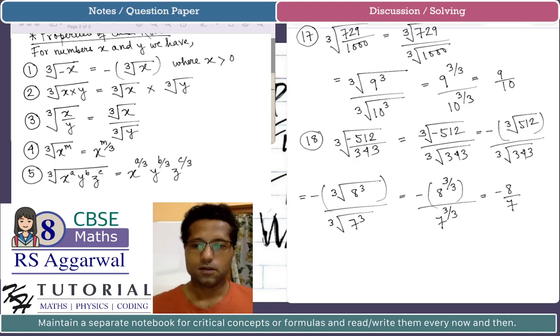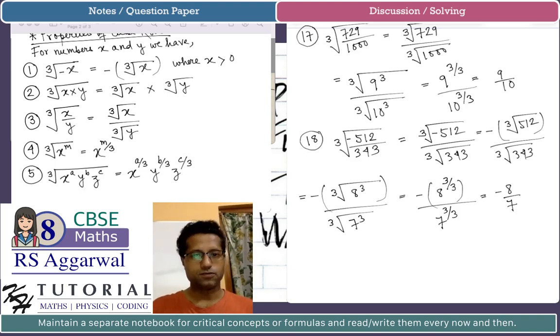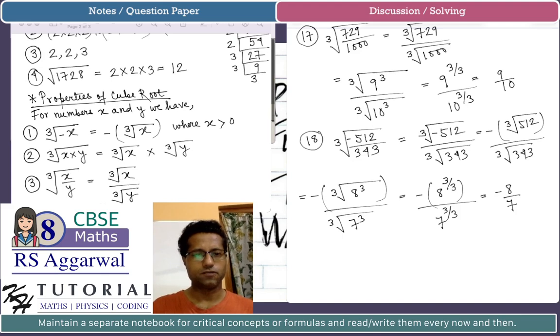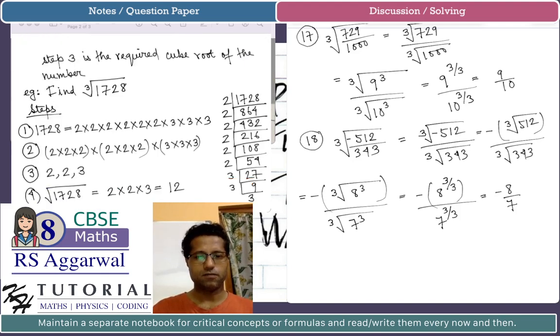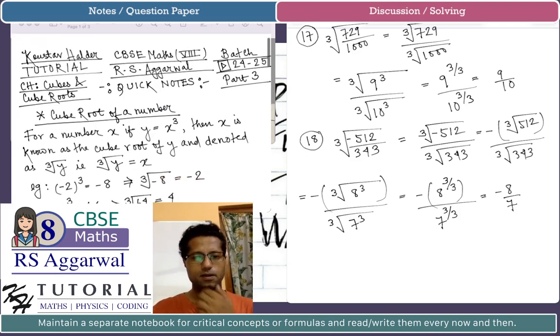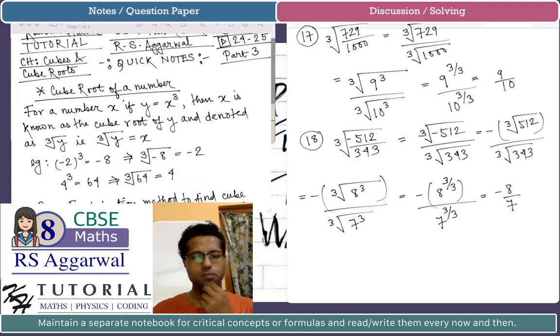Okay. So this brings to an end the solving of most of the problems from exercise 4C based on cube roots of a number. So we have discussed what is a cube root of a number, and that the cube root of a negative number minus x is equal to the negative of the cube root of x.